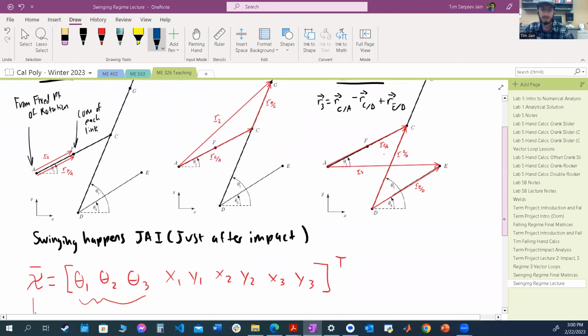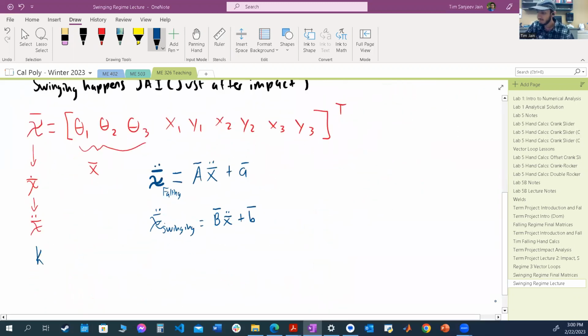The next thing we can talk about is kinetics. Now, kinetics is where it gets tricky. I highly recommend that you do one thing before you start this, which is to watch Charlie's video on impact analysis. That is what inspired me to also use this methodology.